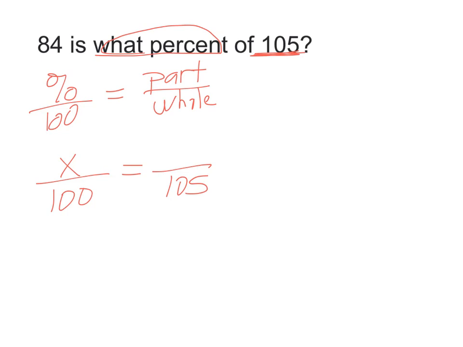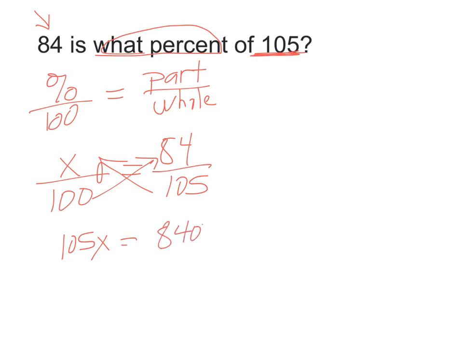That's the whole, and that leaves 84 to be our part. Now we're going to do our cross products. 105x equals 8400. We're going to divide both sides by 105, and we will get that x is equal to 80. So 84 is 80% of 105.